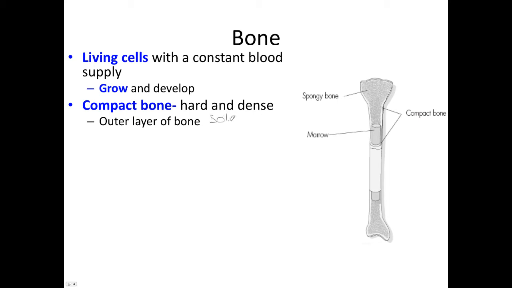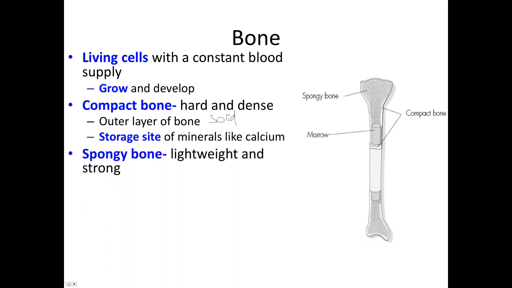But it doesn't make up most of our bone, otherwise our bones would be way too heavy for us to move. So it only gives protection to the outside of the bone. The other type is called spongy bone. Spongy bone is more lightweight and strong. It's not soft, but it is basically like a spider web.